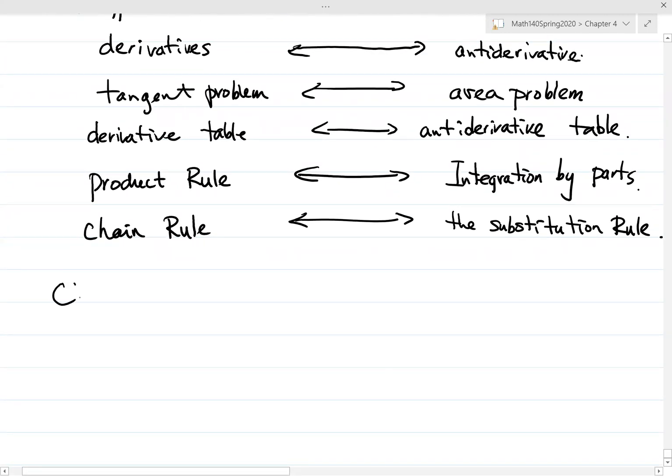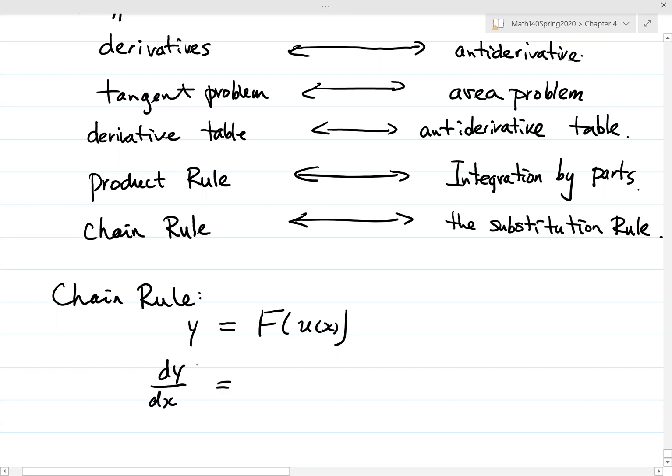The chain rule says if we have, for instance, an outer function capital F and an inner function u(x), and let y be the composition, then dy over dx, we need to find the inner derivative and outer derivative and multiply them together. So this will be dF over du times du over dx.